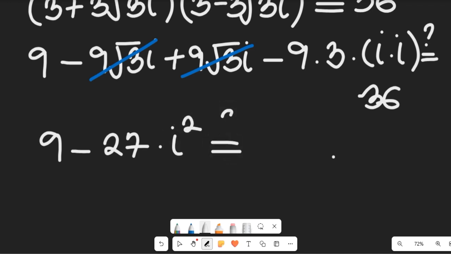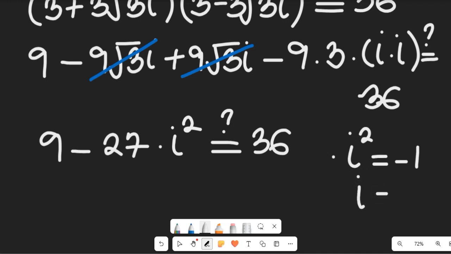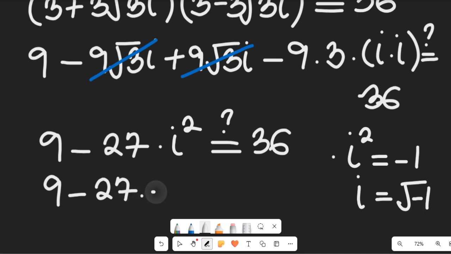Will this be equal to 36? Remember that i squared is equal to -1, right? Because i is equal to the square root of -1. So we'll have 9 minus 27 multiplied by -1. Will it be equal to 36?